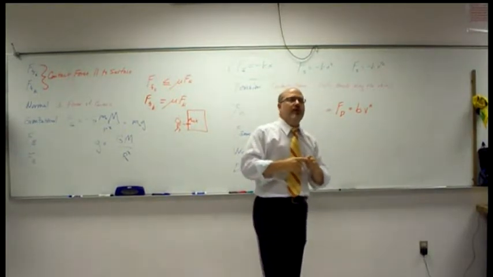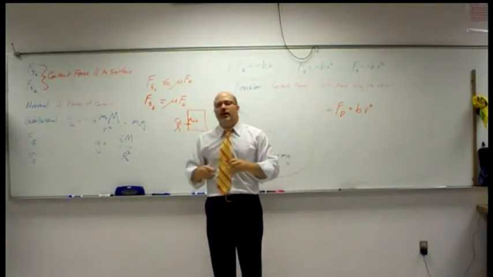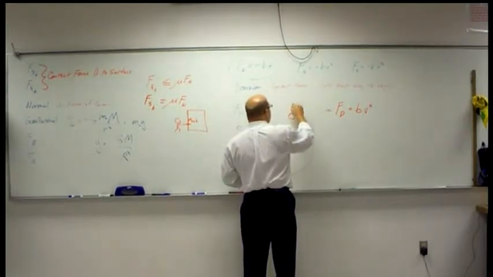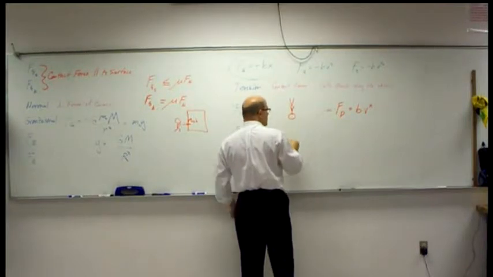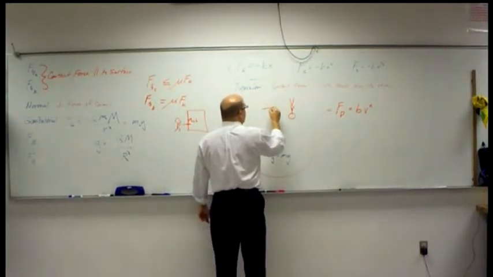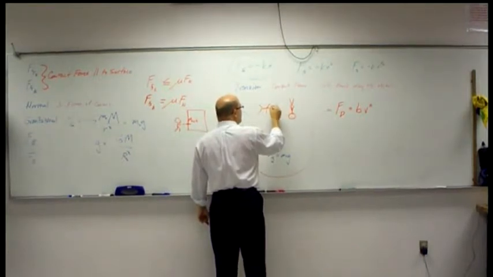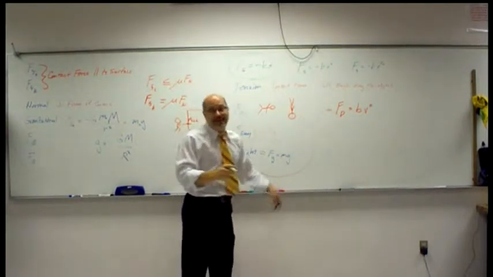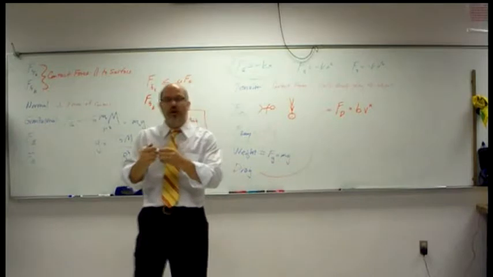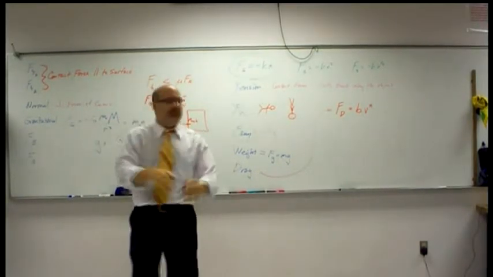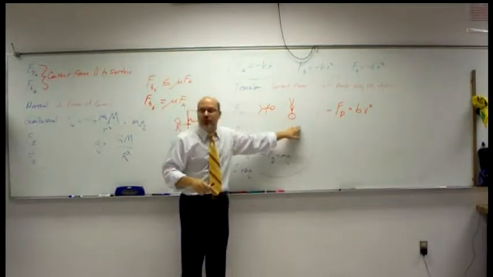For instance, if you fall through the air like this, or if you fall through the air like this, and you're falling down, which one has a greater B? The one vertical. Okay, this one will have more drag than this one, right?